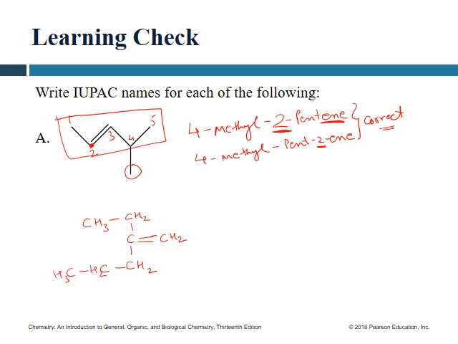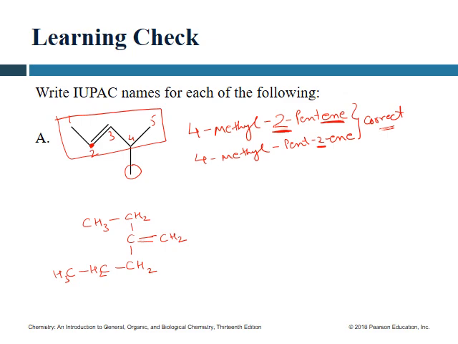So this is one more organic compound that has a double bond because this is an alkene. So let's try to name this organic compound. First, try to pick the longest carbon chain that also includes a double bond.